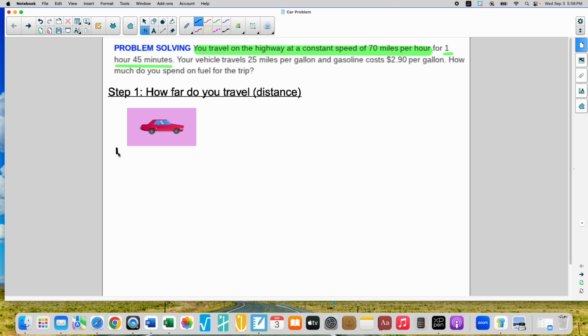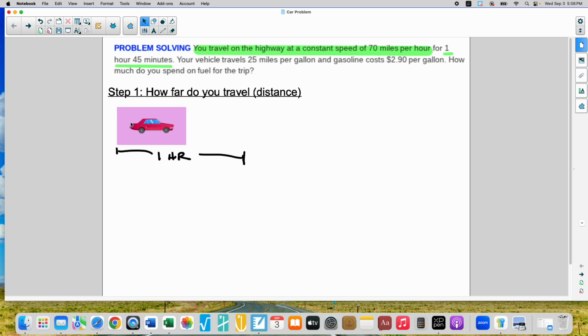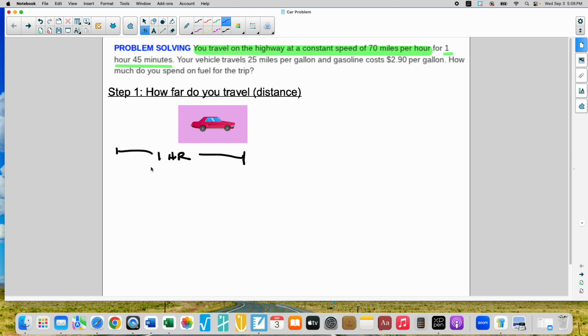So that first hour, how far is that car going to go in 1 hour's time? It's going to go 70 miles. It's going to travel 70 miles in that first hour. Oh, that shouldn't be blue. That should be in that first hour.